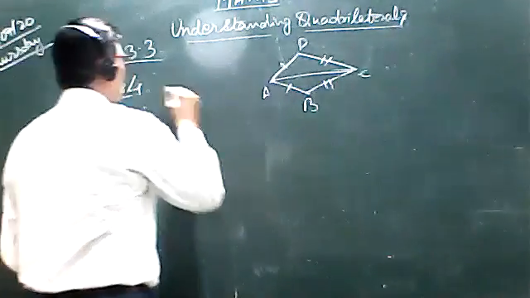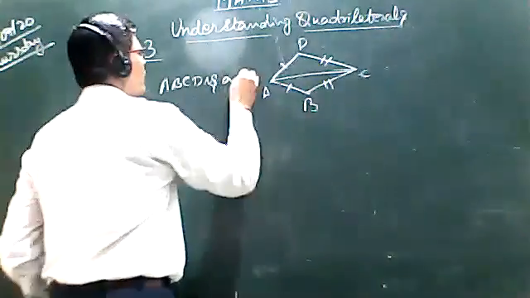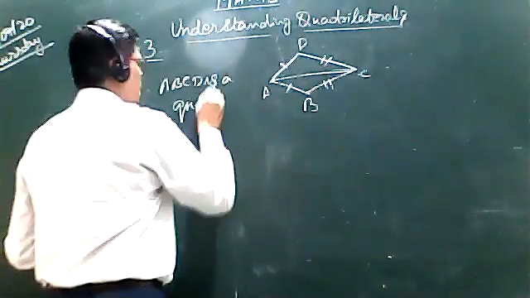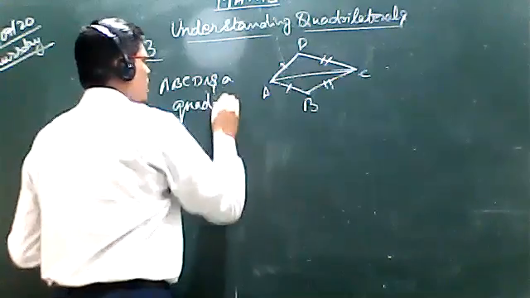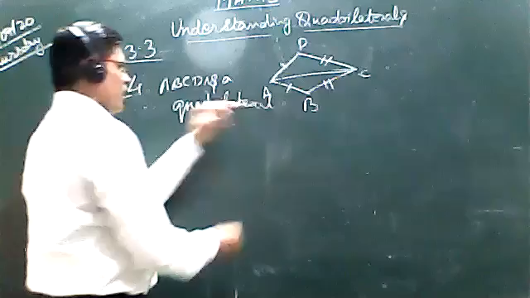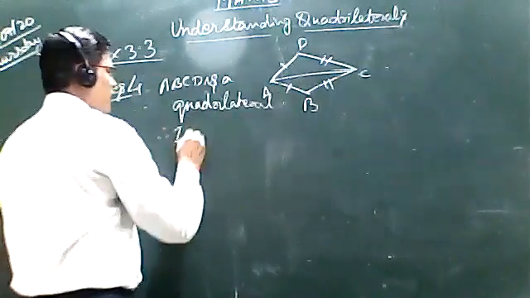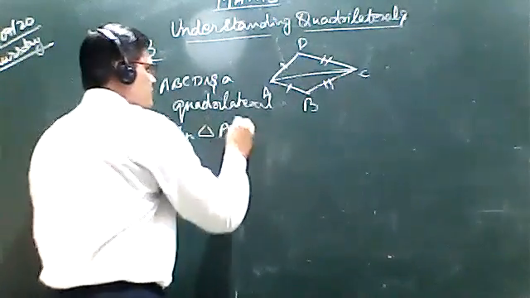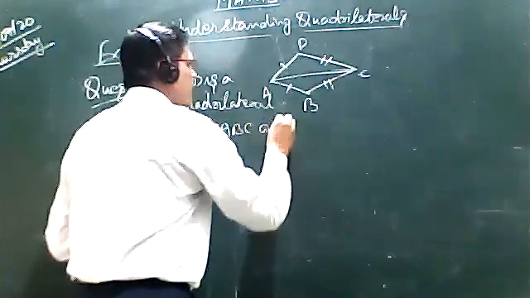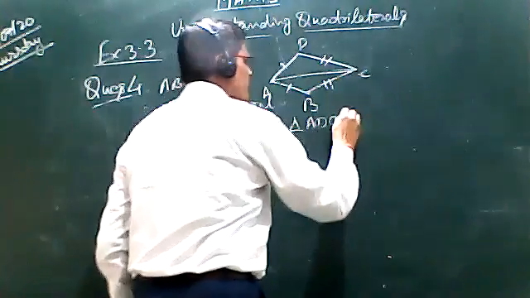Now we write here ABCD is a quadrilateral. Therefore, in triangle ABC and triangle ADC, we have.